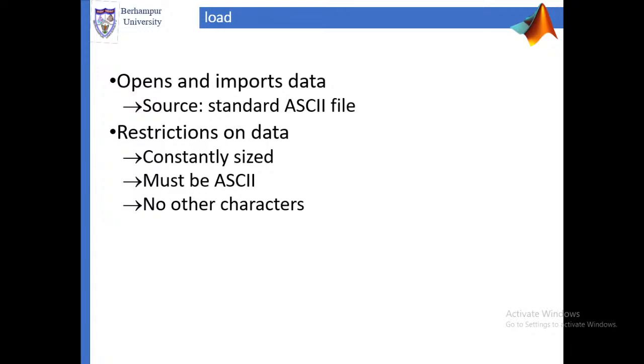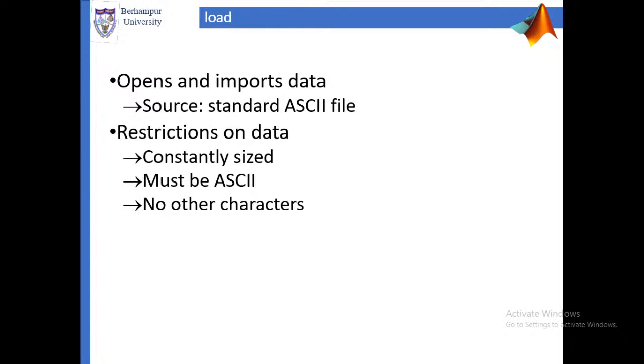Then what are the restrictions? The restriction is that the data should be constantly sized. Suppose you have n rows, each row must have the same number of columns, m columns. You cannot have a case where, suppose I construct two rows, the first row has 5 columns and the second row has 4 columns.